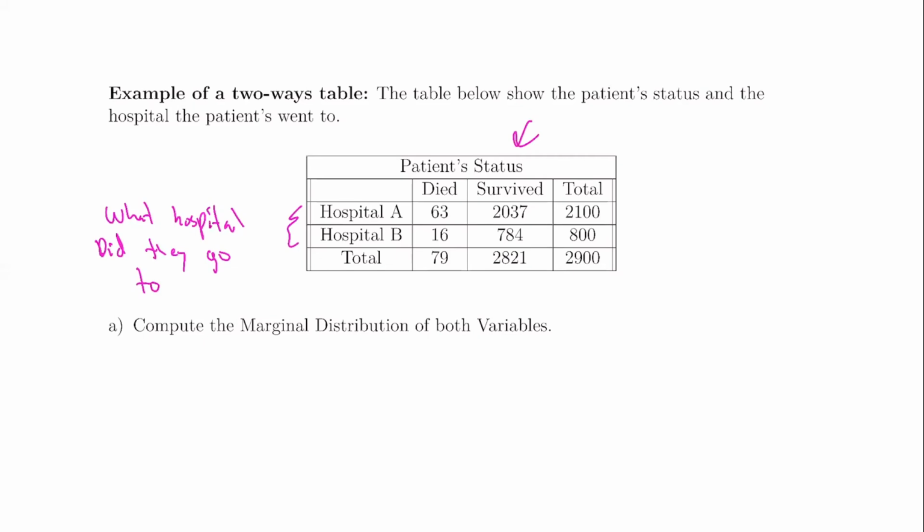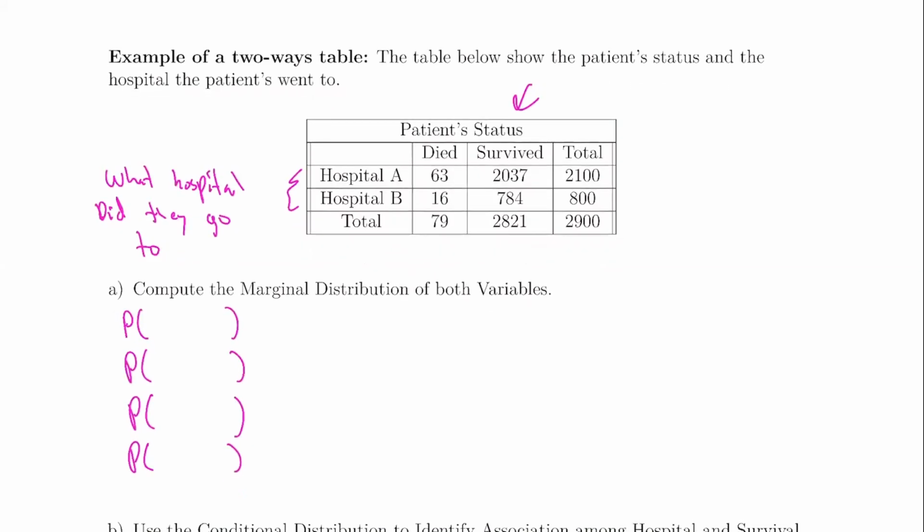So if you look at part A, it says compute the marginal distribution of both variables. So for this one, you want to find all of the marginal distributions for both variables. So what's one of the marginal distributions I could find? If I wanted to find the marginal distribution of this, what would I call that?